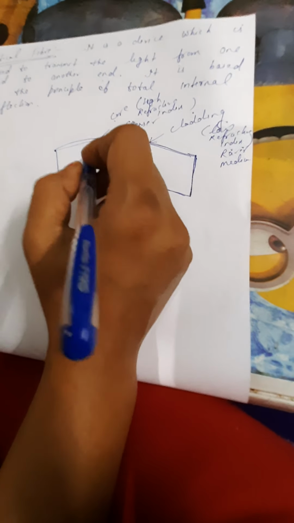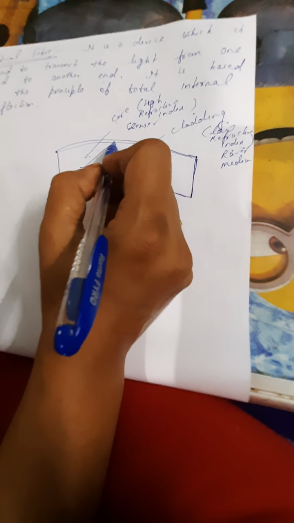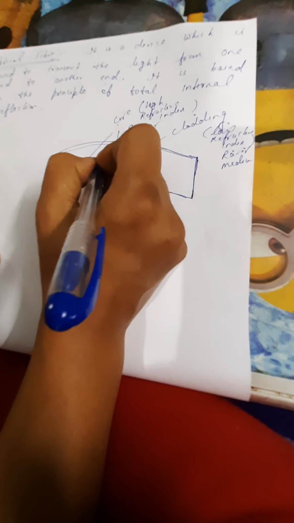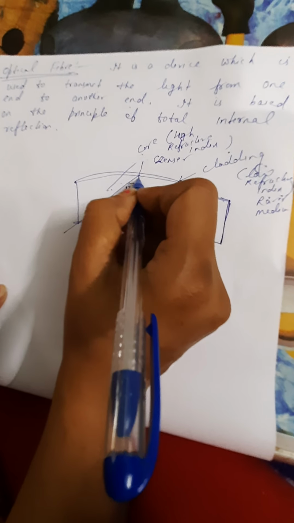As per the process of total internal reflection, as light is incident on this face, the angle of incidence is greater than the critical angle. When the angle of incidence is greater than the critical angle, then light suffers internal reflection, and it reflects internally and falls on this part.